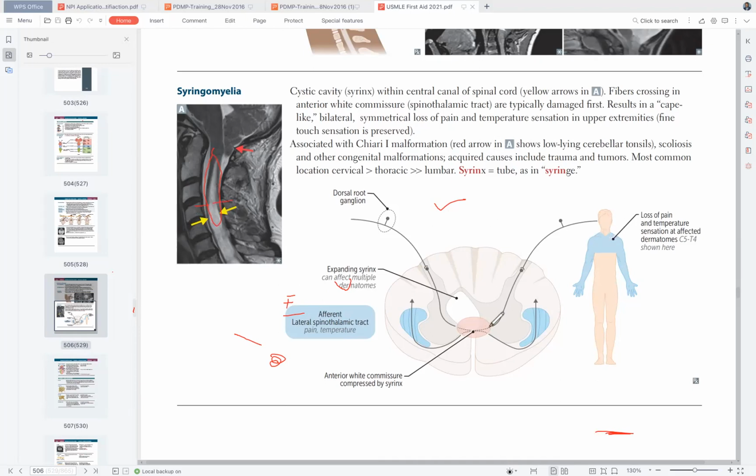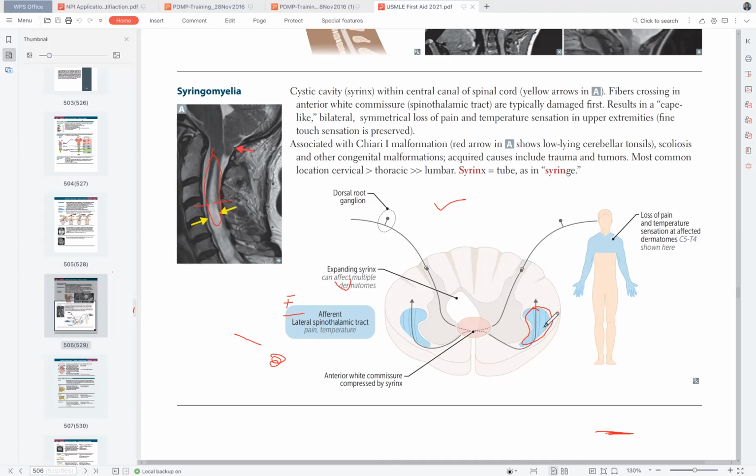So if you look at here, if this is our spinothalamic tract, because the thalamus receives all the sensory information that is purely sensory. Thalamus is purely sensory. Maybe like 95% sensory information goes to the thalamus.